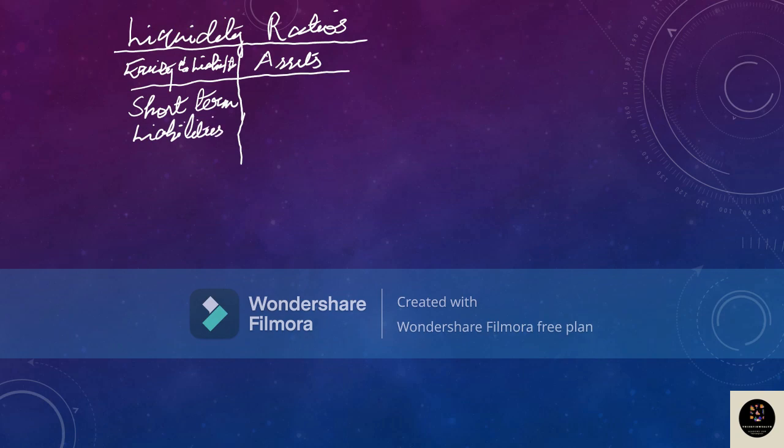I hope that you can read it. My writing style is very unique and very complex. I'm not proud of that. And on the right side we have short-term assets.